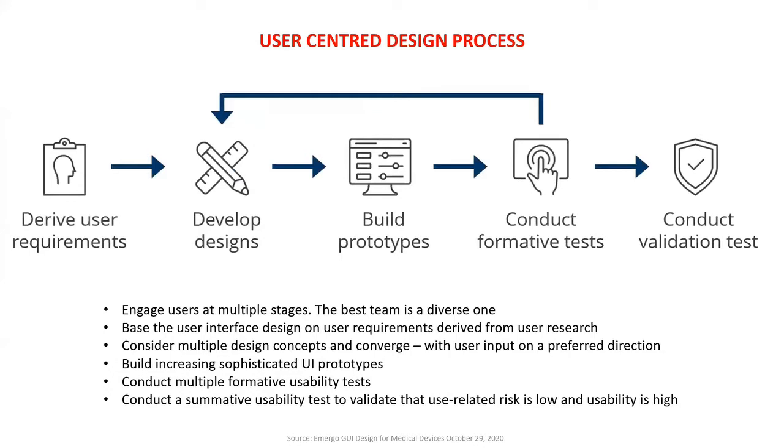So the process that we follow is very similar, and would be very easily understood by a lot of us who work in hardware device development. We're deriving user requirements, which are the user needs. We develop designs, build prototypes, conduct formative tests, and conduct validation tests. Now, in human factors, formative test has a quite specific meaning, which is interacting with users.